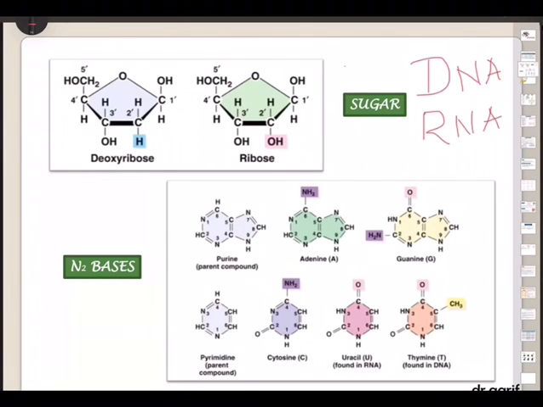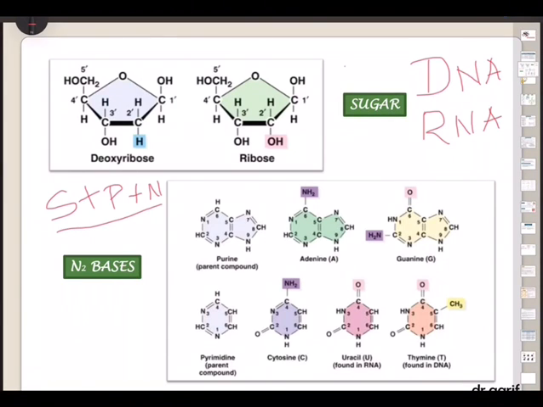So both DNA and RNA are made up of what we call nucleotides. If someone asks you what is DNA or what is RNA, you need to say that they are polynucleotide chains. You can write it as polynucleotide chain.